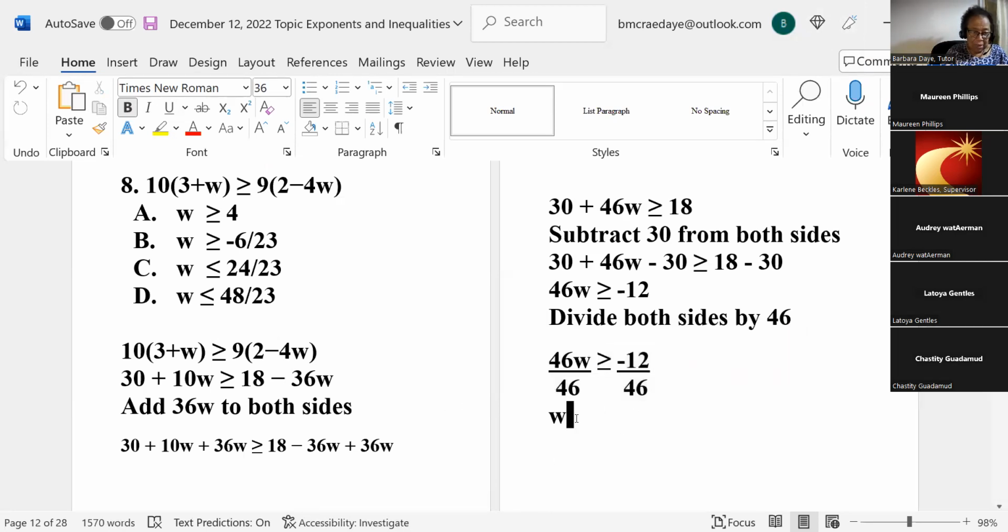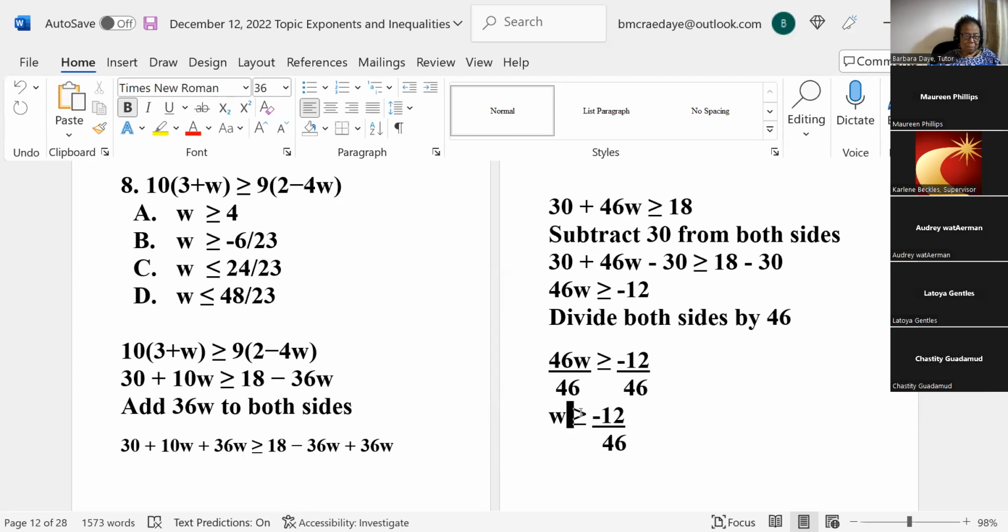That's my inequality symbol. Now we see what W is equal to. Look at the value of W. Tell me which choice it matches: A, B, C, or D?